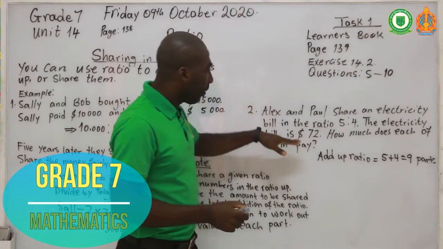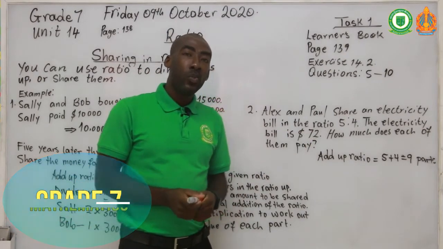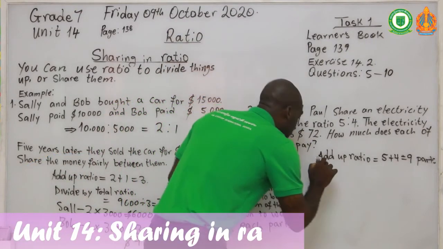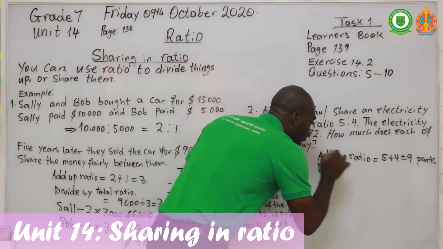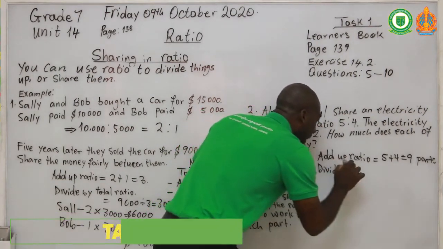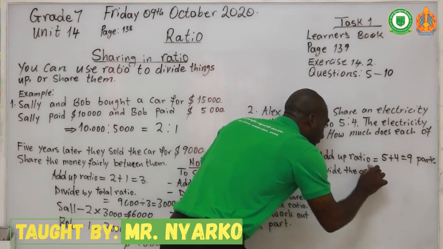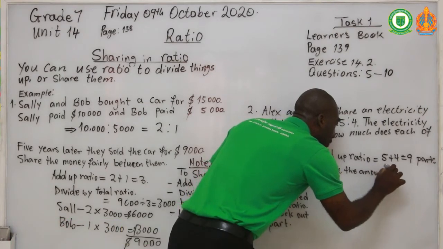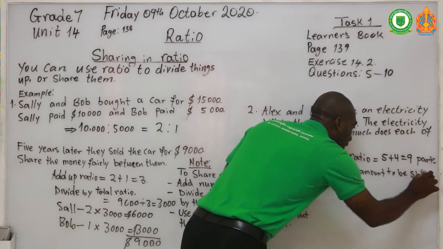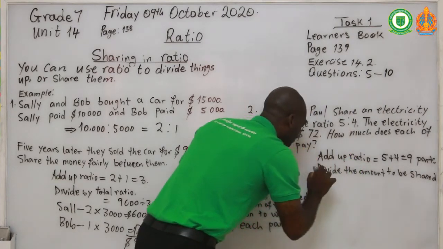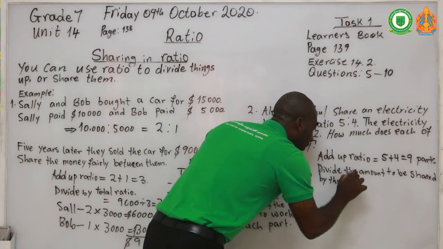Now we know that the money is $72, so we need to divide the amount to be shared by the total ratio.